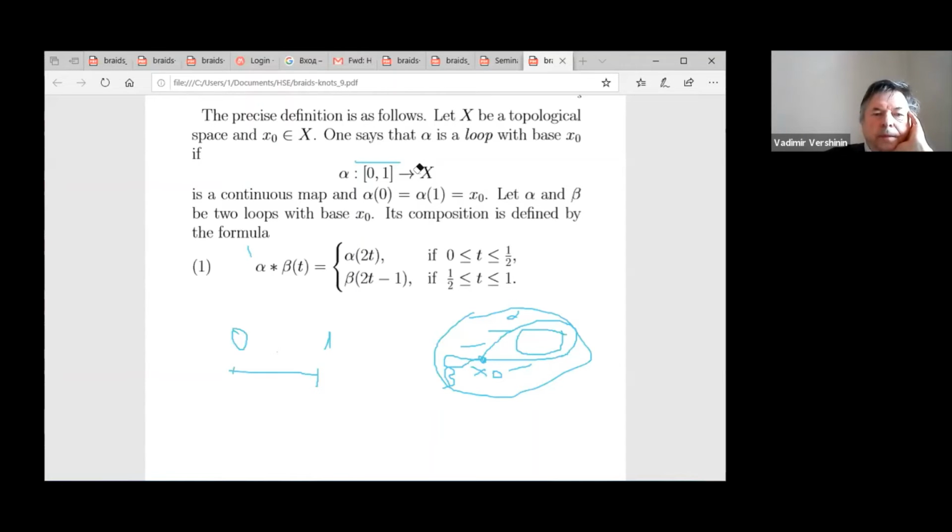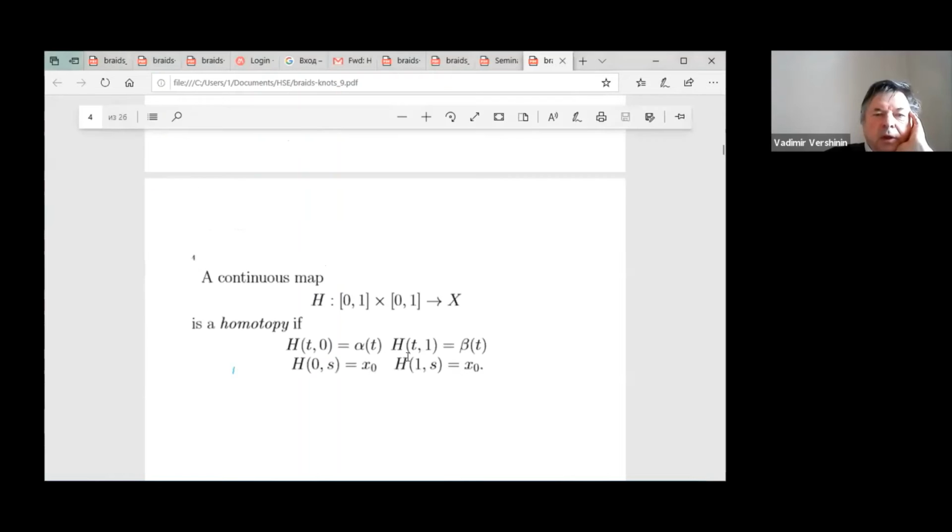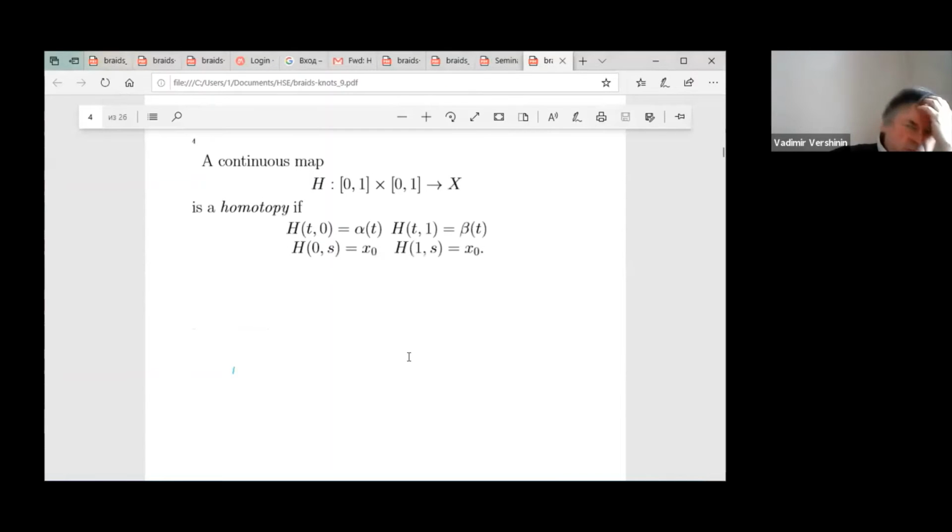So you can define a product in the set of loops. And this is the essential thing for the fundamental group. And you can define a homotopy.